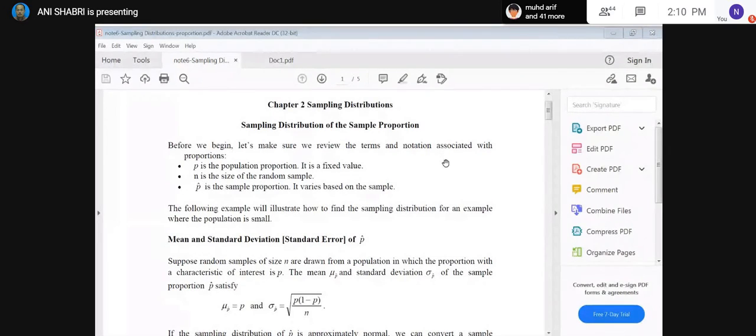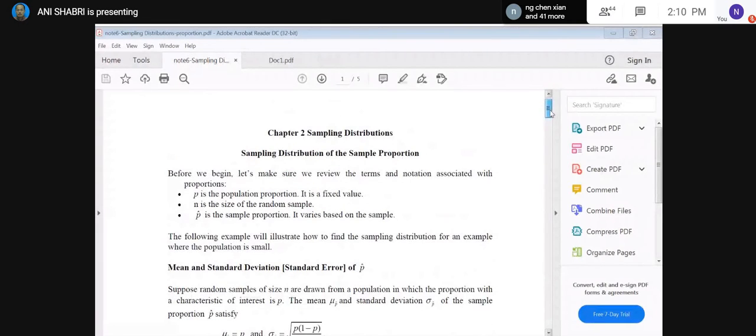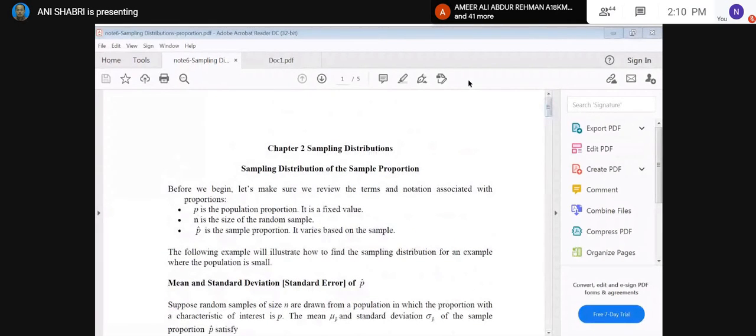Okay, today we go to the sampling distribution of sample proportion. For this one, we look at the graph.